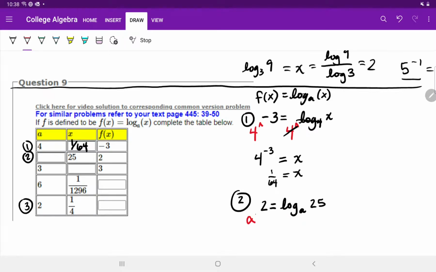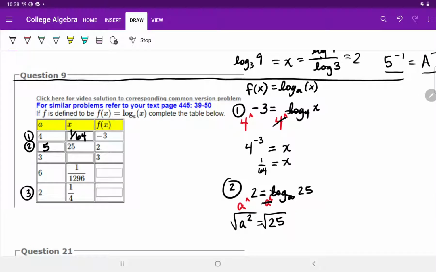We're going to take a to the power of both sides. So on the left, that'll give us a squared. And on the right, the a and the log base a cancel each other out, leaving us with 25. And this one should be pretty easy for us to solve. A squared equals 25 means that a has to be 5. Or you could think about this as taking the square root of both sides, and you end up with a equals 5.